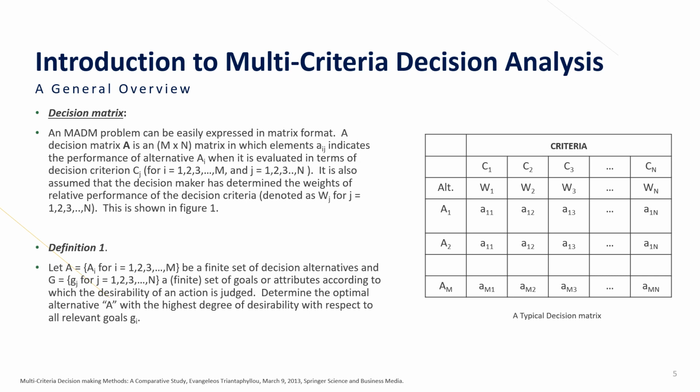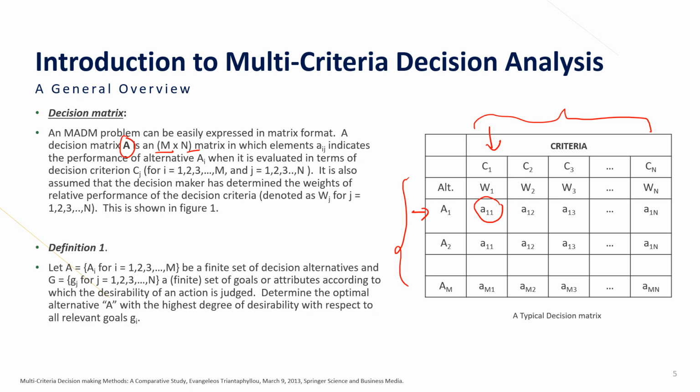It can be easily represented in matrix format, where matrix A is an m by n matrix, and each entry a_ij indicates the performance of alternative A_i with respect to decision criterion C_j. So for alternative A and criterion C, you put the value that indicates the performance here. That's how we use this decision matrix A.